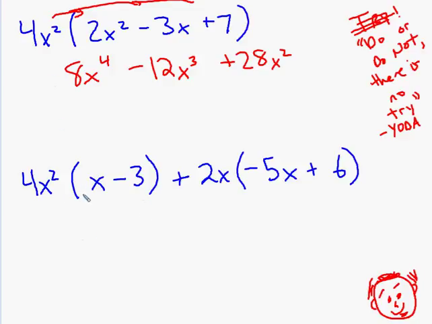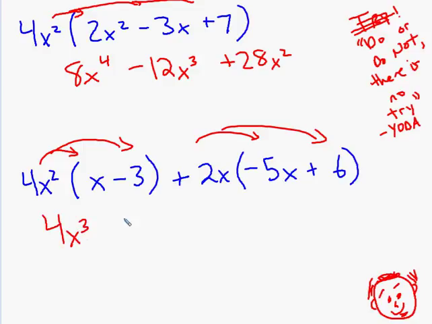Next one. Meredith, what do we do? You distribute. Okay, so we have two things to distribute. What do we get in the first group, Rachel? You get 4x cubed minus 12x squared. And the next group, I don't switch to multiplication, I am multiplying, but what do I get? Brian.